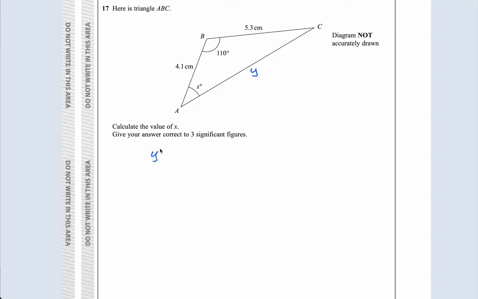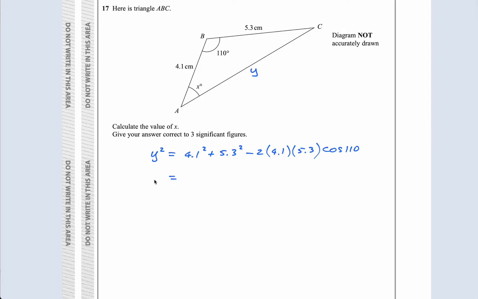So I'm going to have y squared equals 4.1 squared plus 5.3 squared minus 2 times 4.1 times 5.3 times cos of 110. Now that is straight out of the formula booklet, guys. You all can definitely do that, right? It's this squared plus this squared minus 2 times this times this cos of this. It's in the formula booklet.